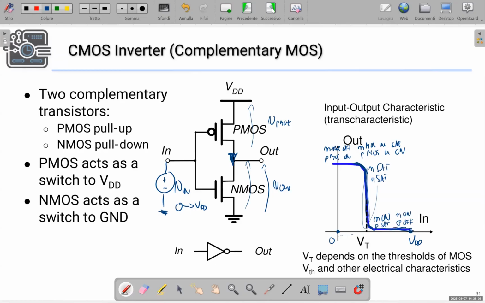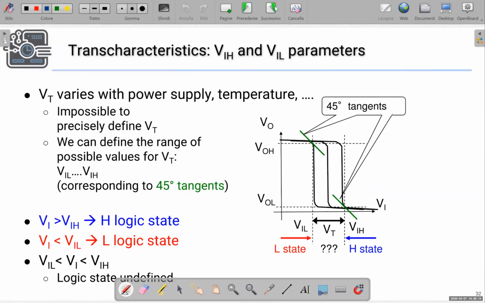As we have already mentioned, the precise voltage at which this transition happens is strongly dependent on the supply voltage, on the operating temperature, and is also affected very much by technology-related parameters. So it is difficult to predict the exact value at which we have this transition.